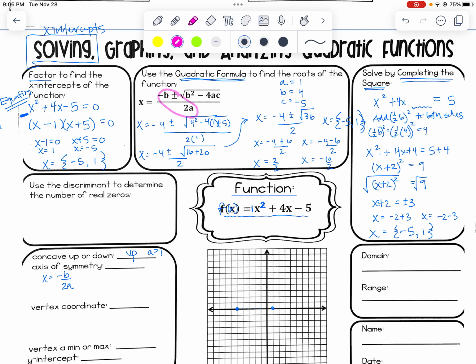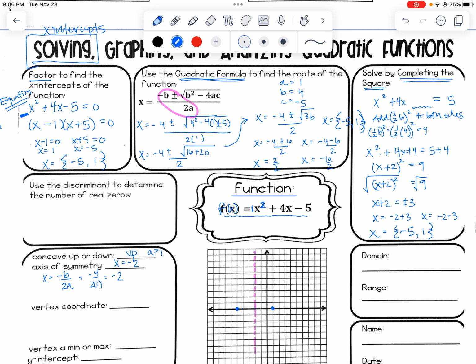That's going to be this line that cuts the parabola in half. Let's do the algebra to figure out where that is. Negative b, that's negative 4 over 2 times 1. That looks like negative 2. So the axis of symmetry is a vertical line where x equals negative 2. Sure enough, that matches up with this pink dotted line on my picture.